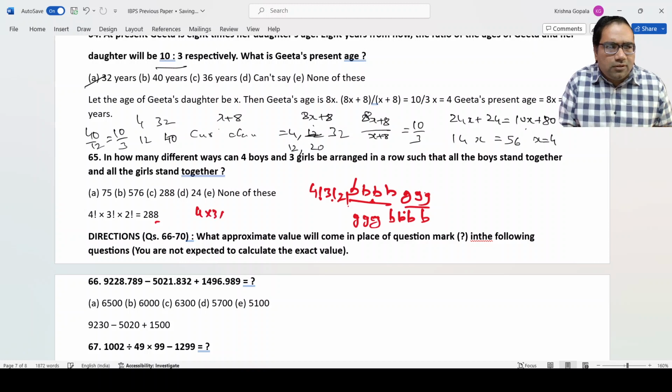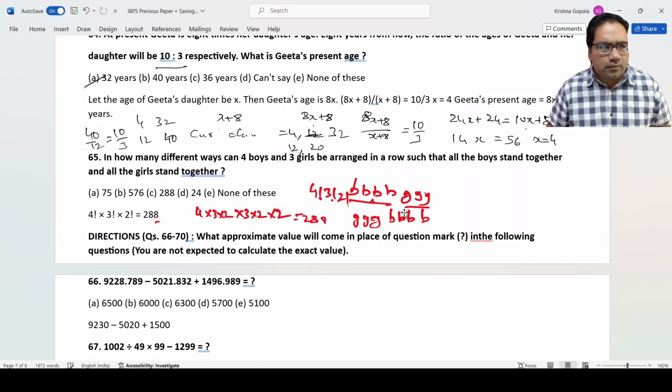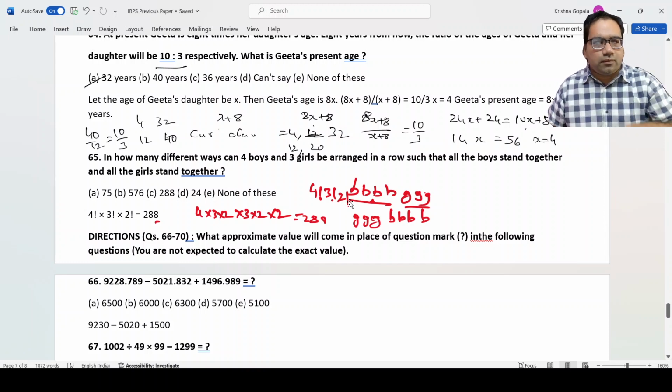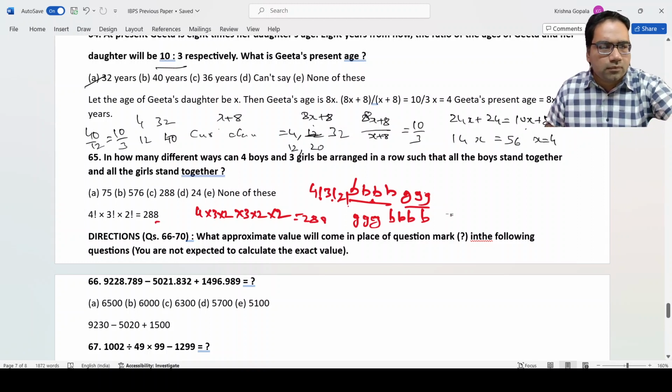We write 4 into 3 into 2 into 3 into 2 into 2, right? 4 3 is 12, 24, 72, 144, 288, right?